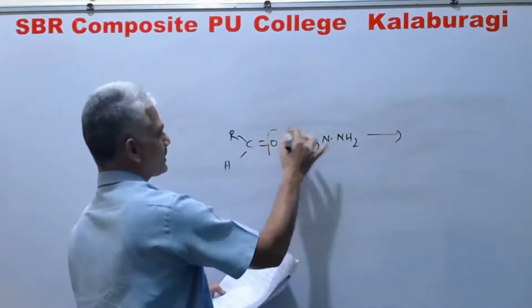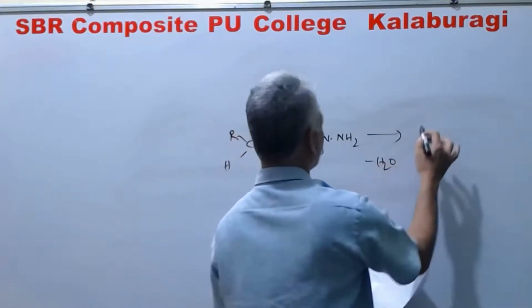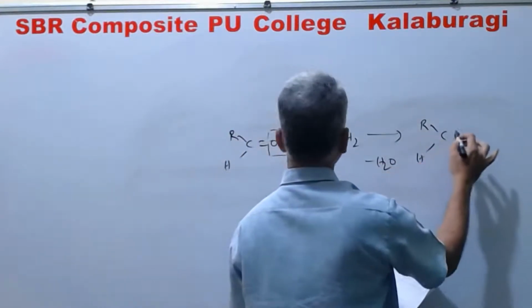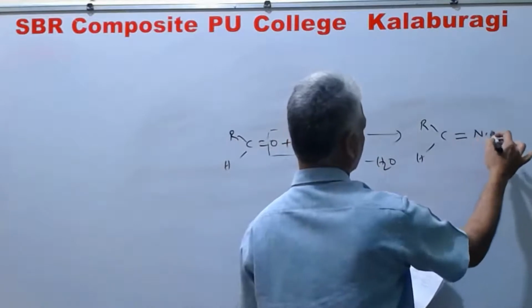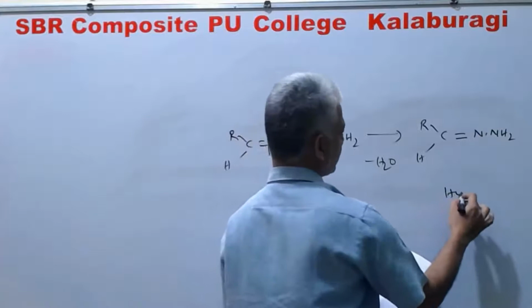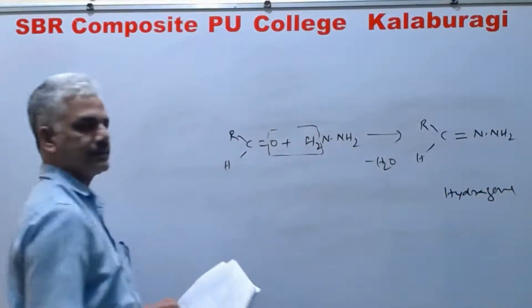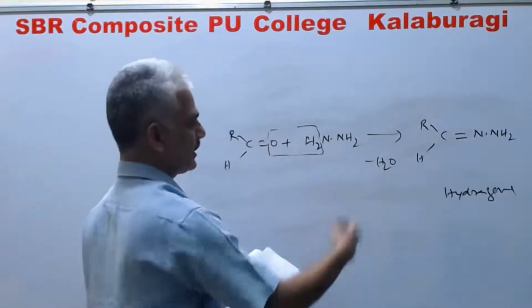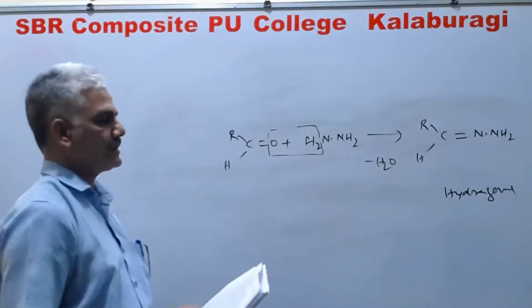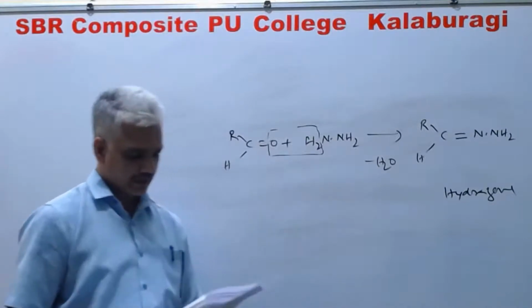And like this, if we assume elimination of water, we get RCH double bond NH. So this functional group is called as a hydrazone. So whatever aldehyde is used, first its name we have to write, followed by the suffix hydrazone. So you can go with the first option.